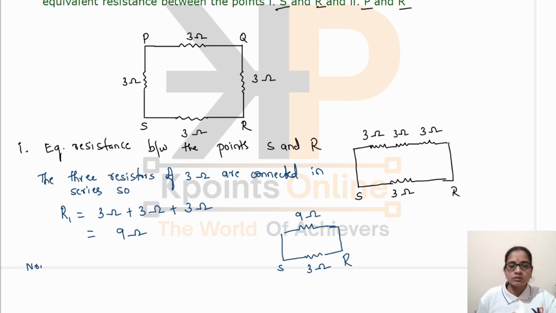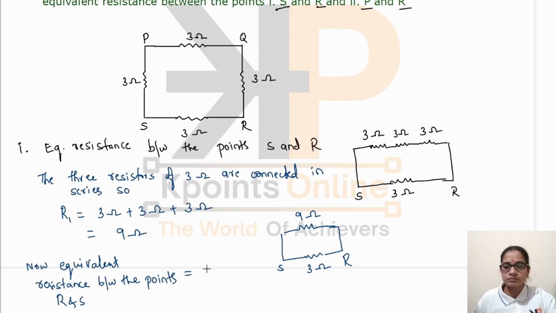So now the equivalent resistance between the points R and S: 1 by Rp is equal to 1 by 9 plus 1 by 3.